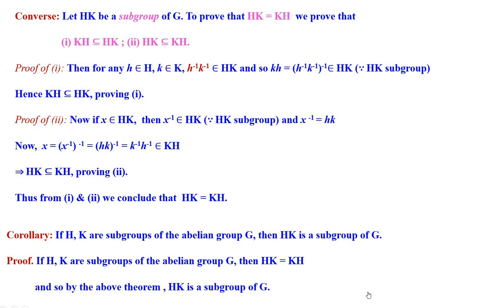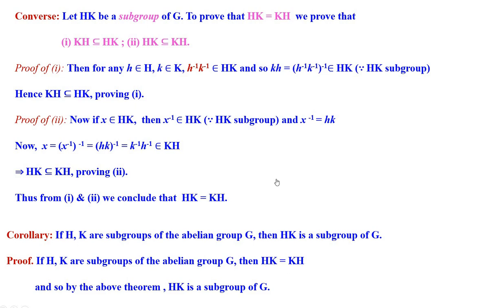You cannot equate an element from this one, that is, you cannot have small h small k to be equal to small k small h. That is not possible. But as sets, the elements in this collection will be equal to the elements in this collection. So as sets they are equal, not individually.